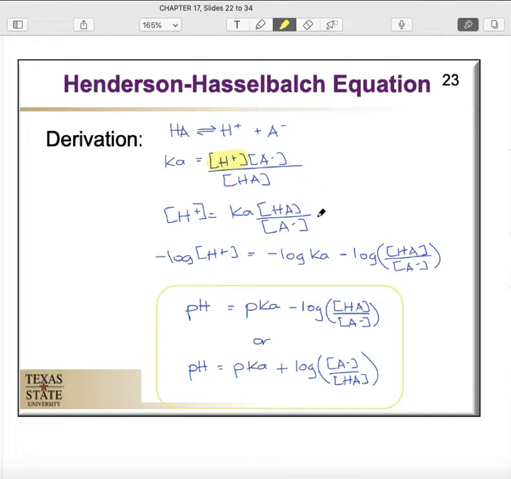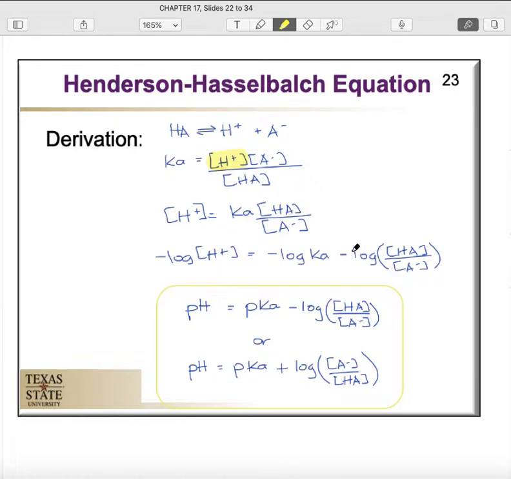We then take the negative log of both sides. So the negative log of the hydrogen ion is going to be equal to the negative log of the Ka plus the negative log of the ratio of these two. Because remember that when you take the log of a product, you can basically add the log of the one part to the log of the other thing that is being multiplied by.